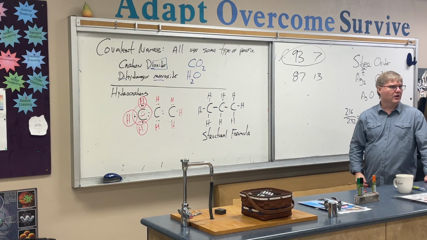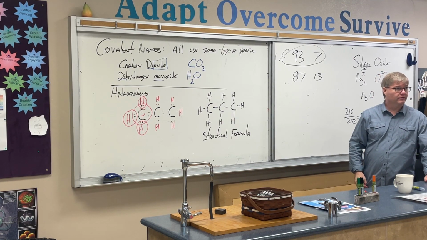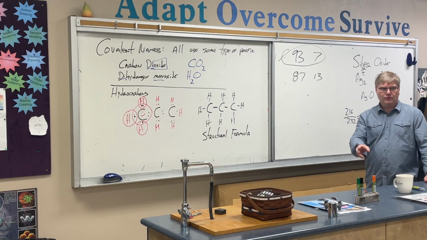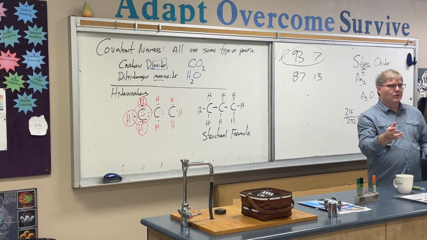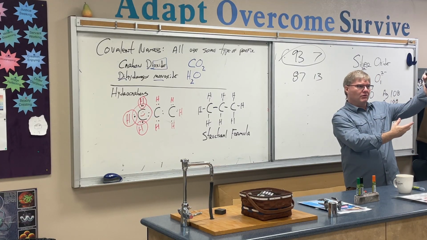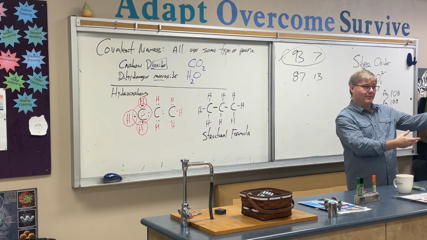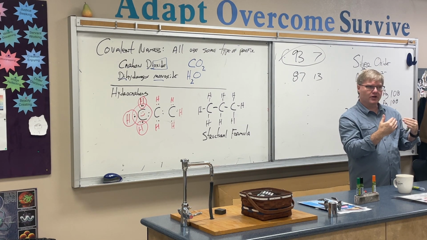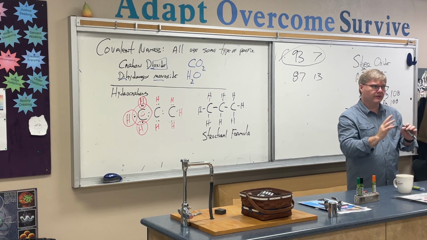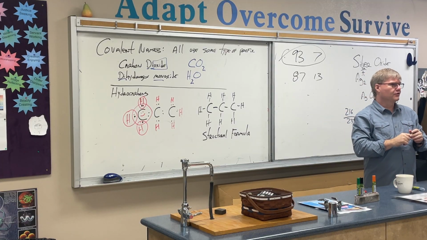Structural formulas are the norm with hydrocarbons. Notice when we did the ionic compounds, we didn't care where the ions were in relationship to the other ions. All we cared about was the ratio of the ions. Ionic formulas are not structural. But the tradition is, with hydrocarbons, to show structure.